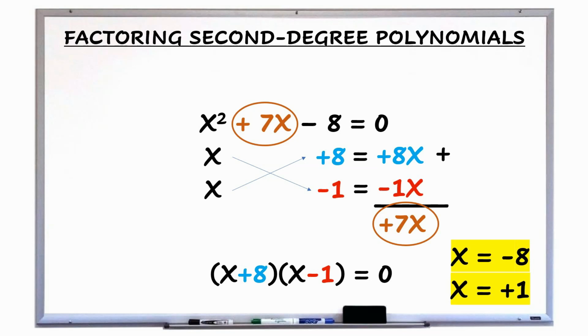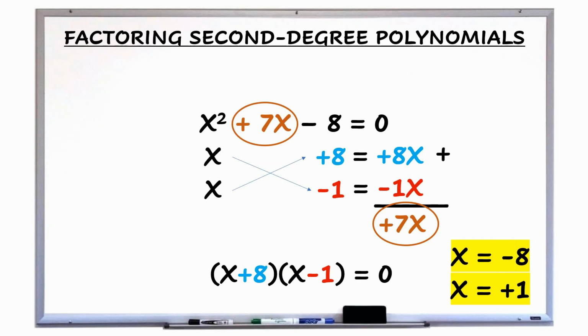Whenever we have two numbers, two terms, or two expressions that are multiplying each other and the result is 0, one of them should be 0. So the way to obtain the values of x that satisfy this equation is to make each one of the factors equal to 0. When you make x plus 8 equal to 0, the only possible value for x is negative 8. Same thing for x minus 1 equals 0, x should be 1.